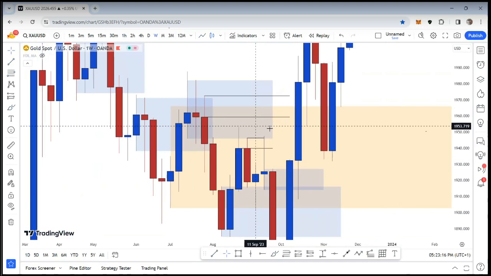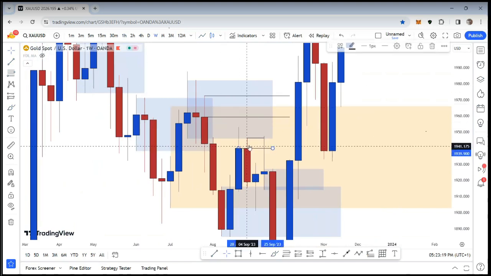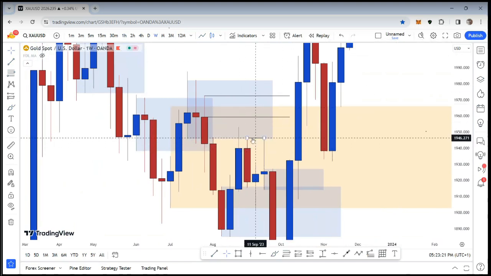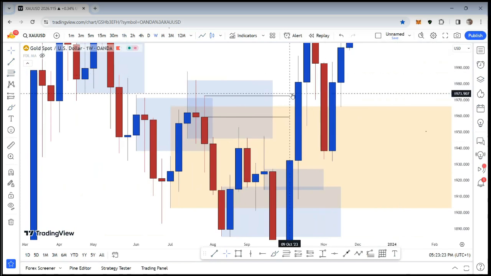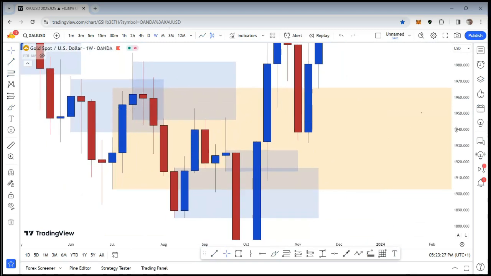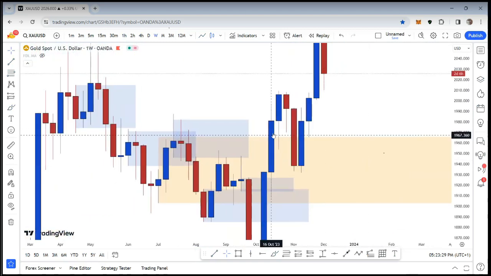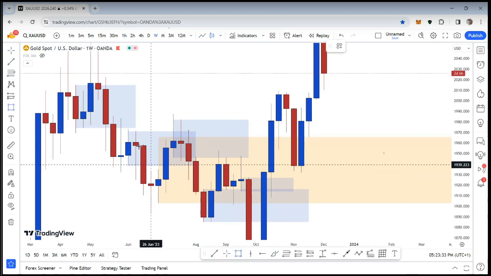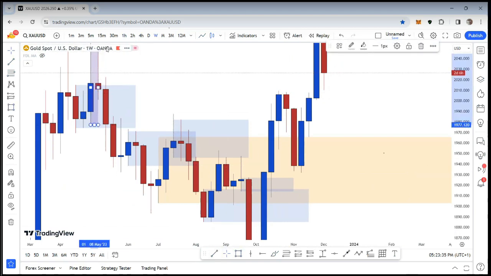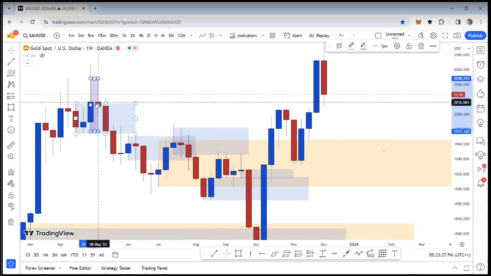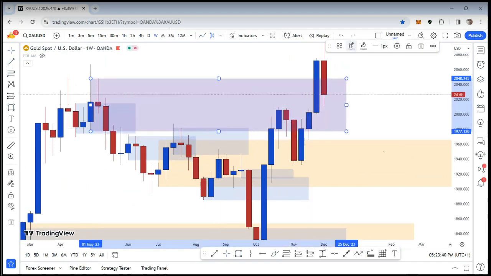Now when price actually pulled back, price was respecting this level right here on the weekly time frame.